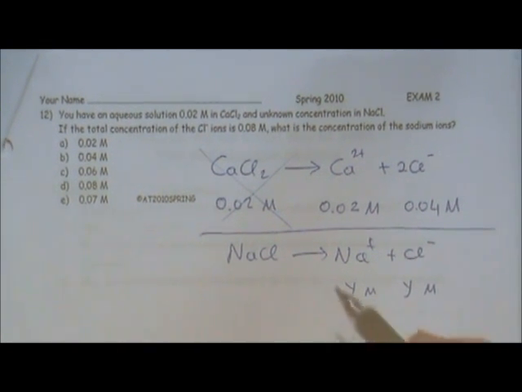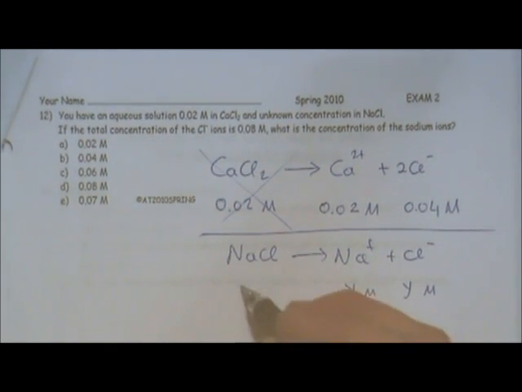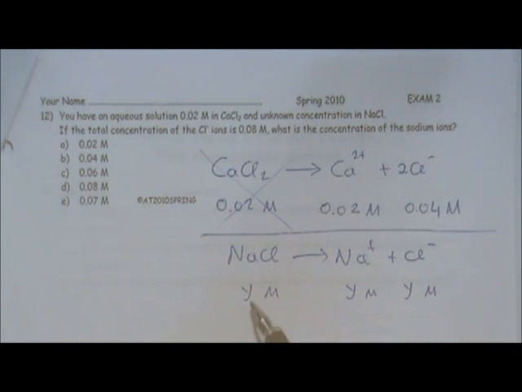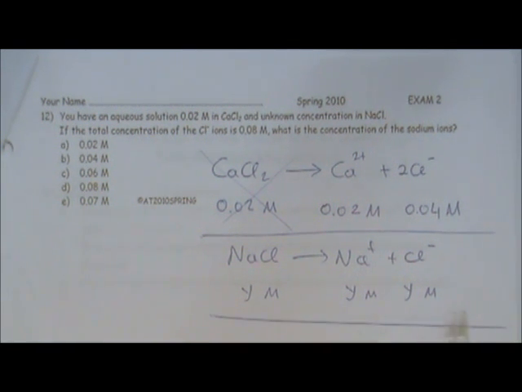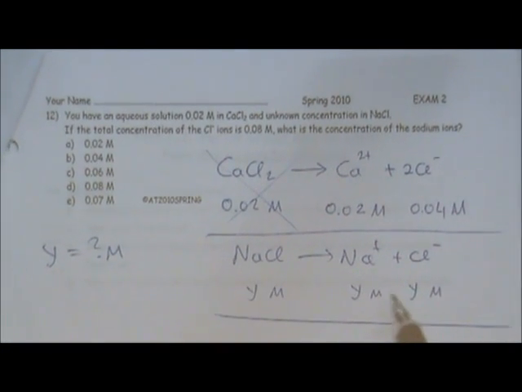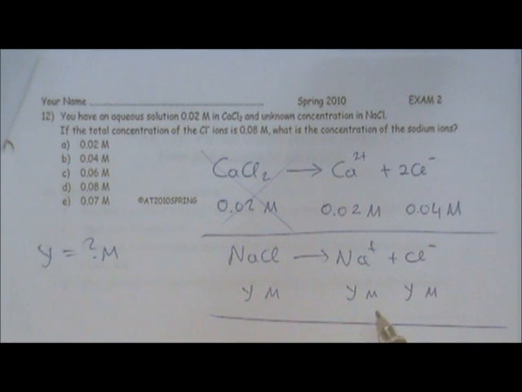And of course, the concentration of sodium chloride is also Y. We don't know the concentration of sodium chloride, so let's say it's Y, right? 1 to 1 to 1, so Y will give you Y and Y. Okay, so basically the question now in this problem is to find out the number Y, isn't that right? Because what is the concentration of what? Of sodium ions.